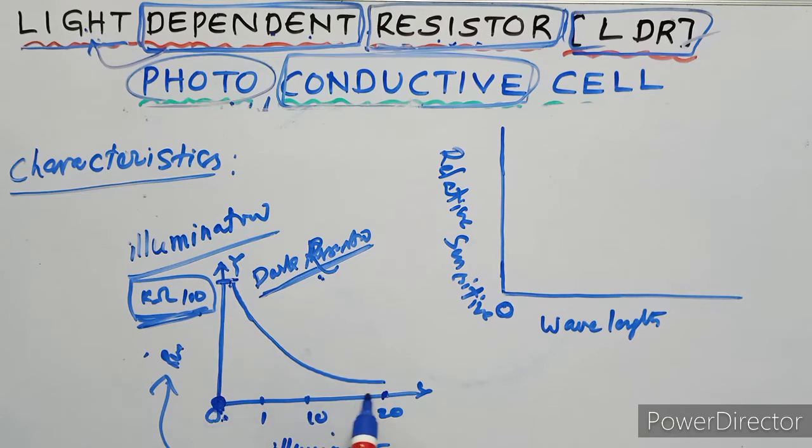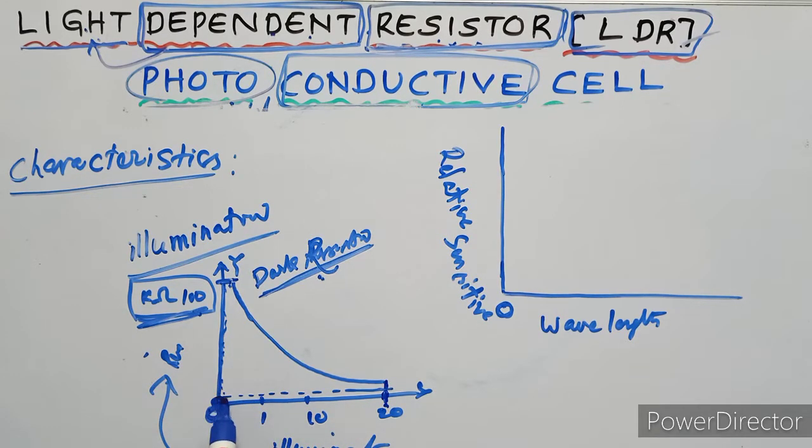The resistance is low, here the resistance is 0. Here the resistance is very high when not illuminated, no light. The light is very strong here.